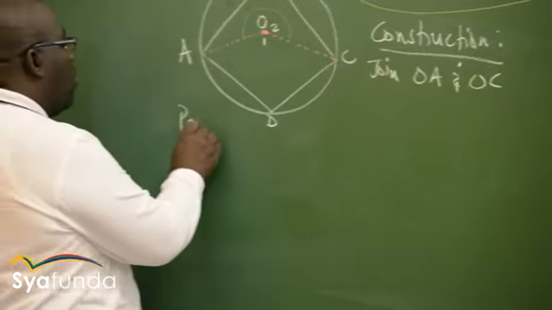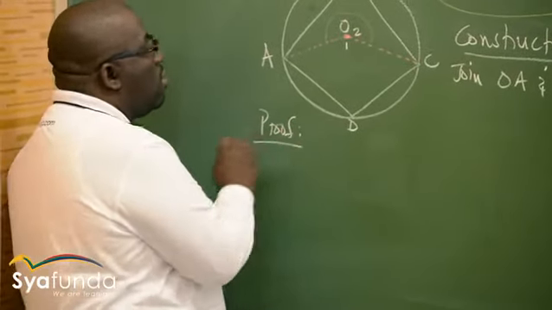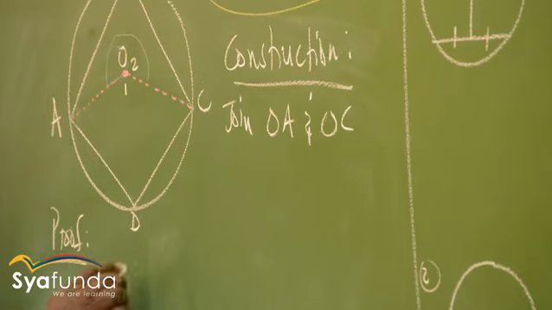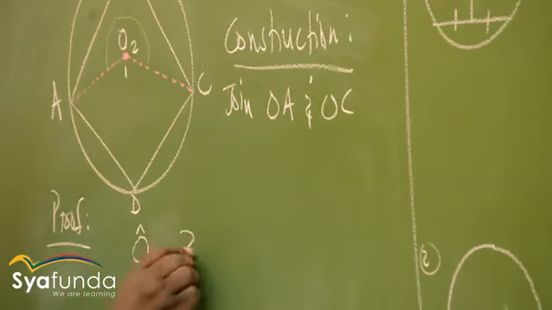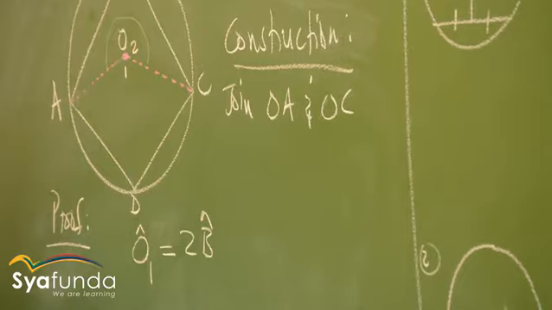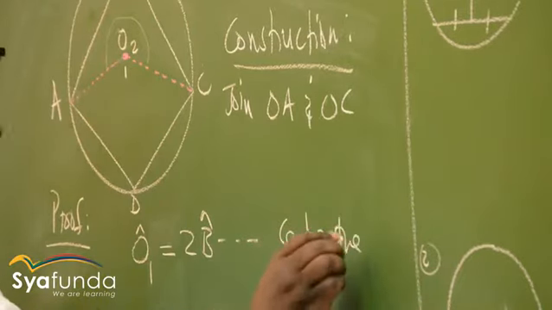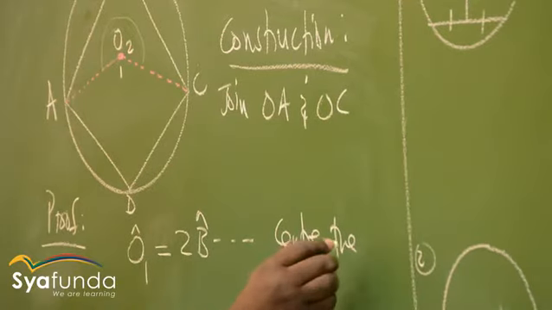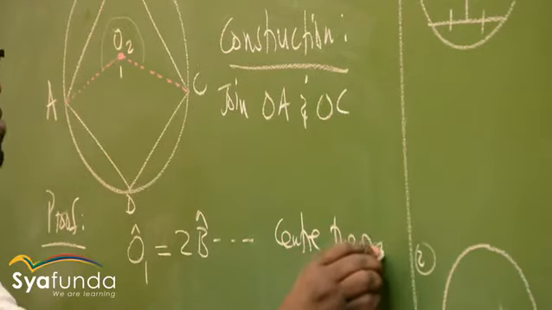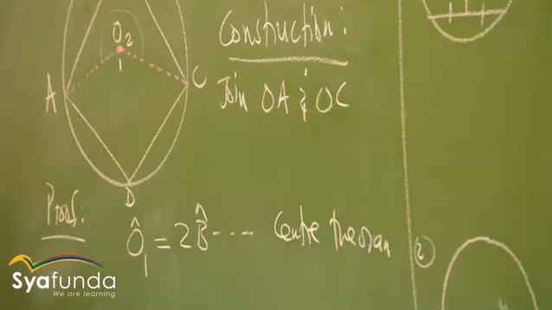What is it that we know? We know that angle O1 is equal to 2 angle B. Why is it so? Because we've got a center theorem. The angle at the center is twice the angle at the circumference, center theorem. When we abbreviate that theorem, we just call it the center theorem.